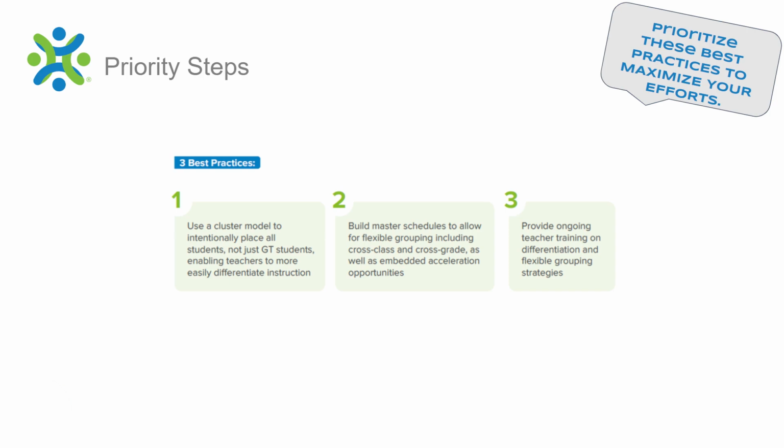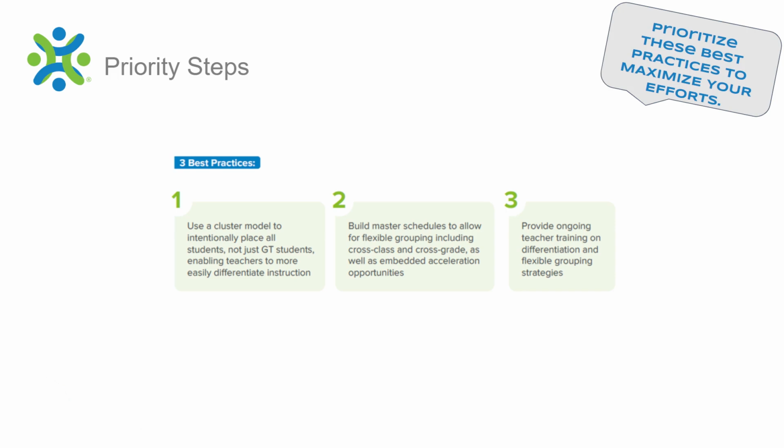Your 3 best practices. Use a cluster grouping model, such as the total school cluster grouping model, so that every single student is strategically placed and teachers can more easily differentiate. Build your master schedules in advance so that flexible grouping can occur. This flexible grouping could be cross-class, it could be cross-grade.